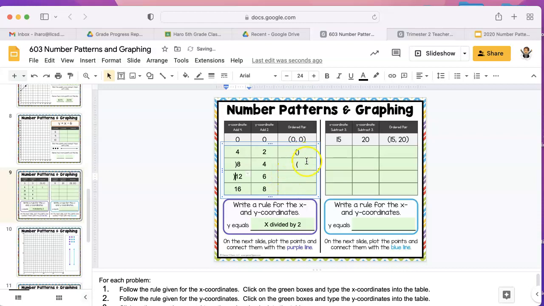Ooh, I'm running out of time. So 4 comma 2. What did I do right here, boys and girls? Okay. 8 comma 4. 12 comma 6. 16 comma 8.